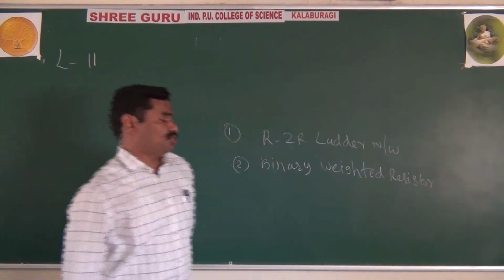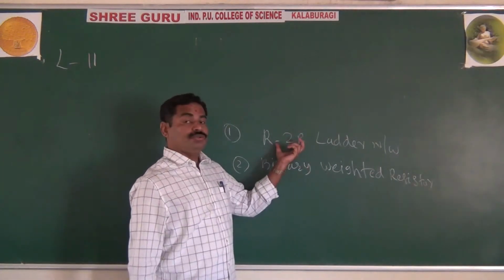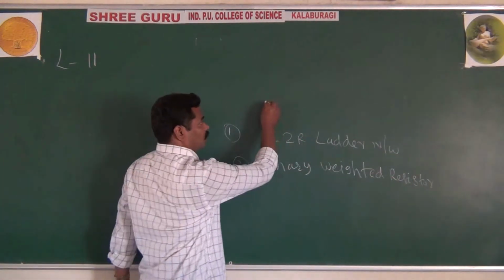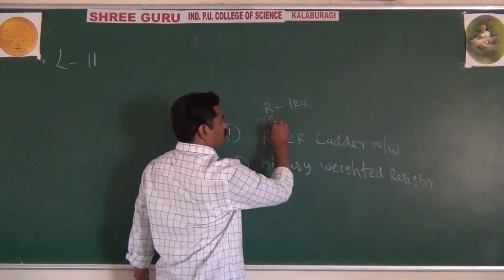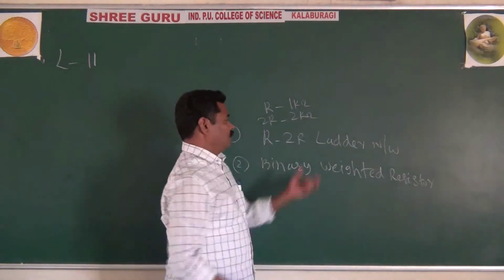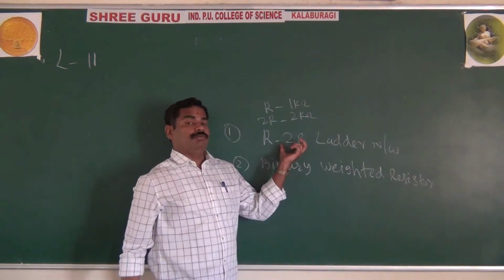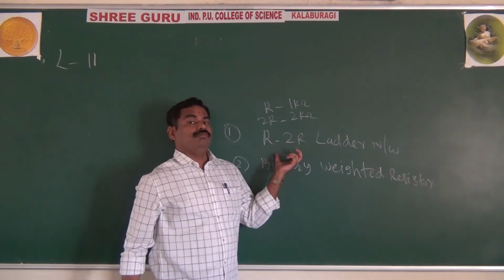We already discussed this in the previous class. Here we are using two resistances. The value of R may be 1 k ohm and 2R we are using 2 k ohm. And especially here the op amp is used as a buffer amplifier.